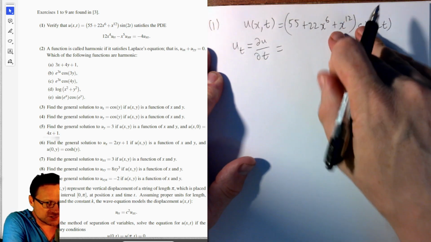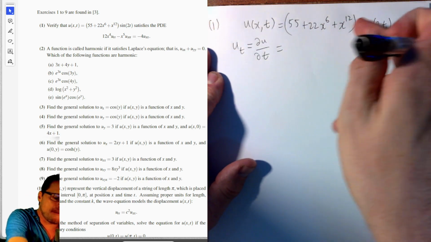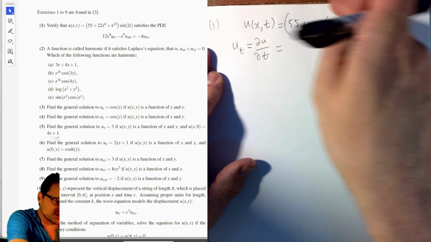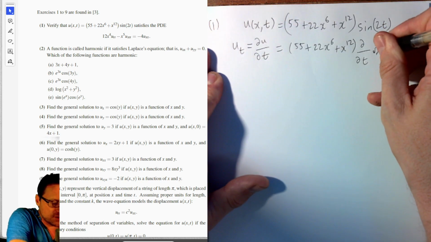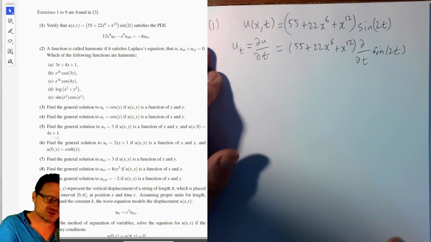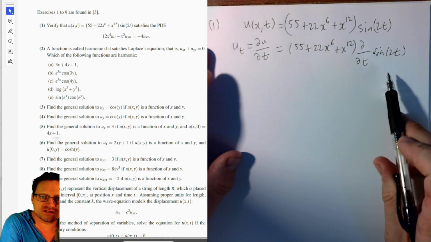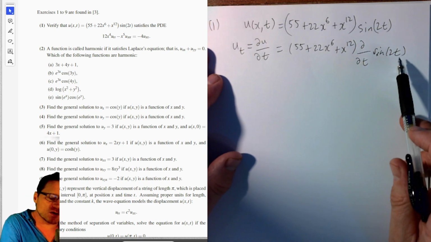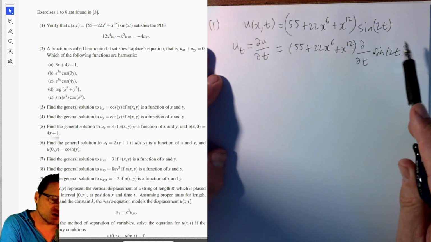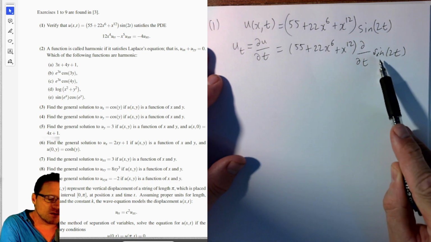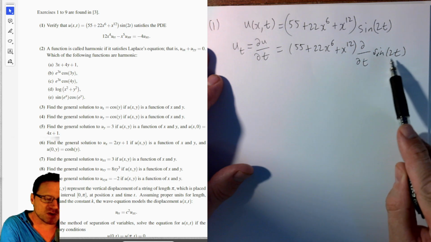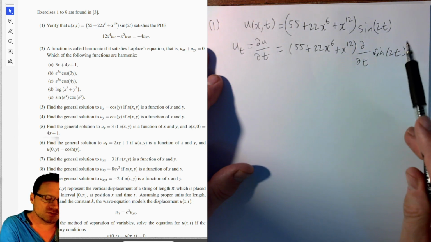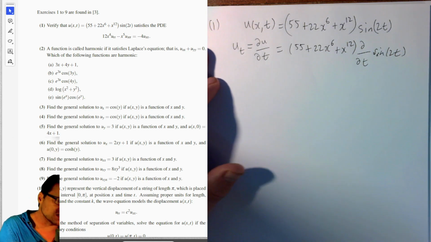And so differentiating this partially, this function of x in front can go right through the differential operator. And so we differentiate sine of 2t with respect to t. Now that requires the chain rule. But what it does is it multiplies by the derivative of sine, which is cos, multiplies by 2, the derivative of 2t with respect to t.